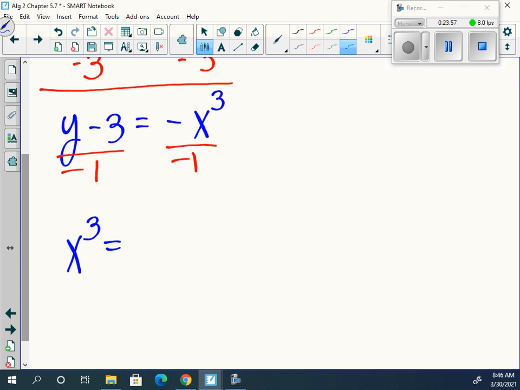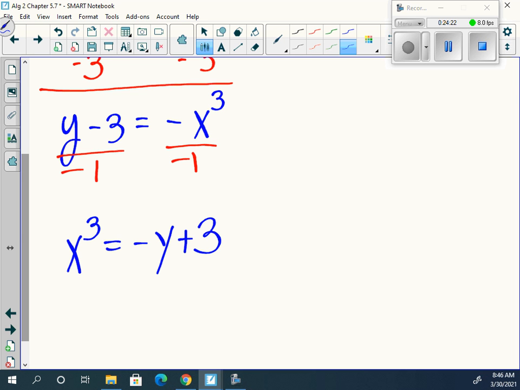Now our y - 3 is going to become what? Well, -y plus 3. I mean, we could write it out as -1 on the bottom. But what we know is that when we divide by -1, y divided by -1 is -y, and -3 divided by -1 is 3, yes?